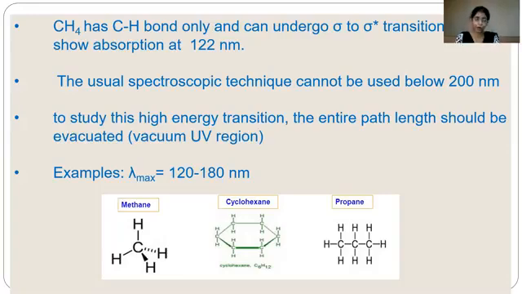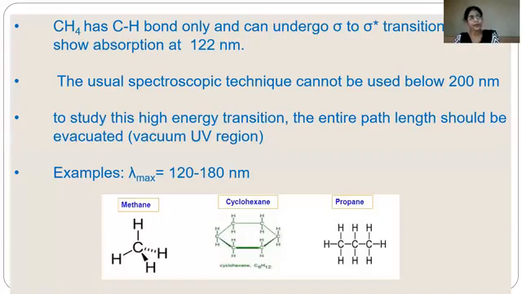So for the recording of such transitions present in the molecule, the usual spectroscopic technique cannot be used. Since for recording the spectrum within this wavelength range we require higher energy, and when we use higher energy, the oxygen molecules present in the path will absorb it.